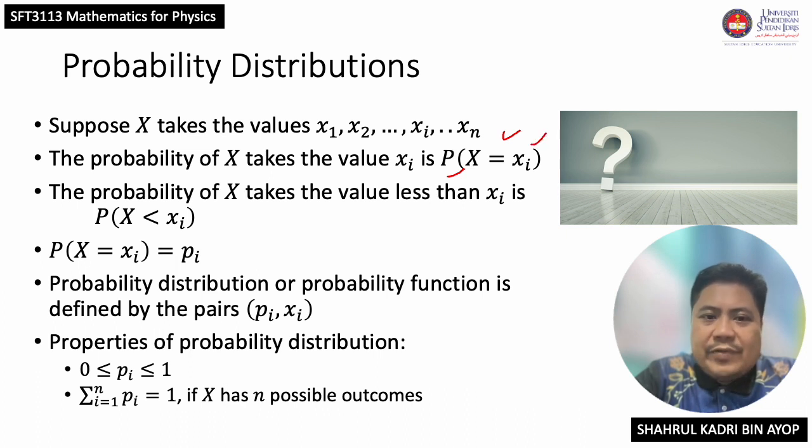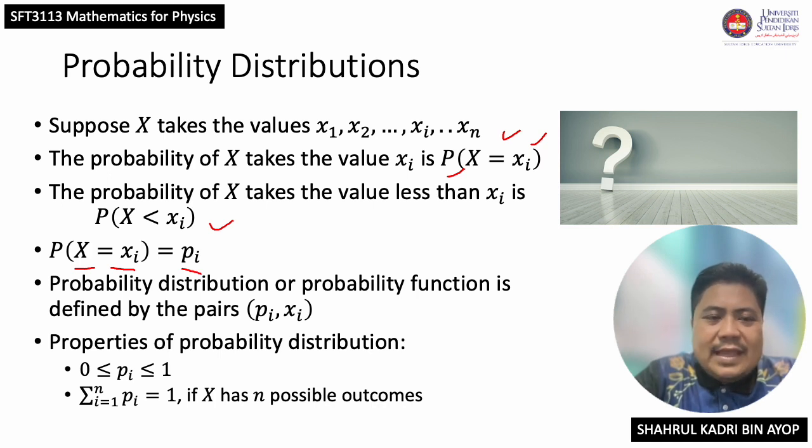So this is how we write the probability of X. The probability that X takes a value less than xi is written in this notation.